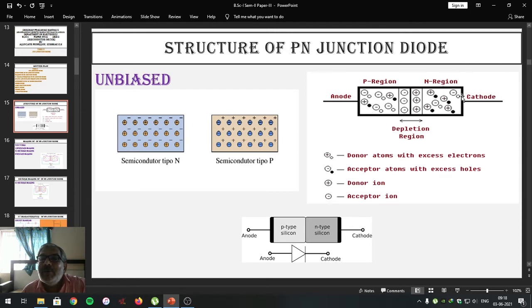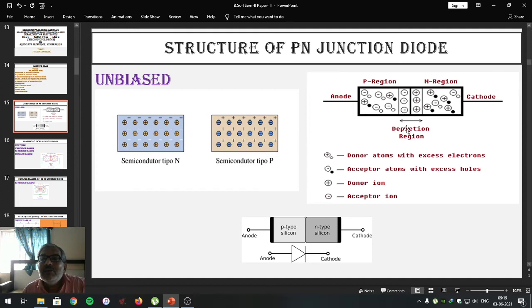This is the N type of semiconductor having electrons as the majority charge carriers, which are represented with the dotted aspect, along with the positive ions with some holes as minority charge carriers.